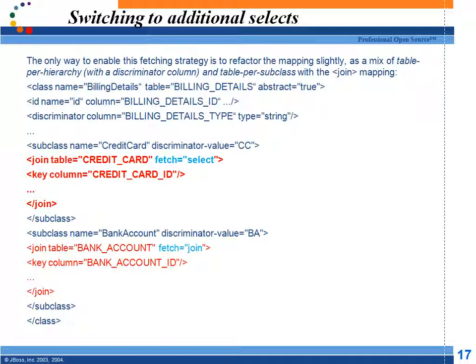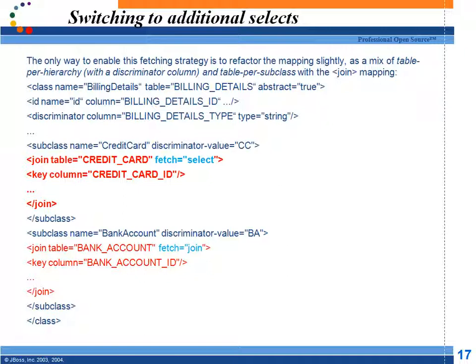Now tell me, in the table for the superclass billing details, how many fields will be there? ID is 1, discriminator column is 2, right? And in credit card, there will be the foreign key and all its properties, which I didn't specify. And for bank account, there will be the foreign key and all its properties, right? So now also I have 3 tables.